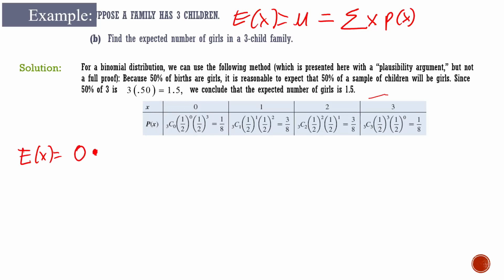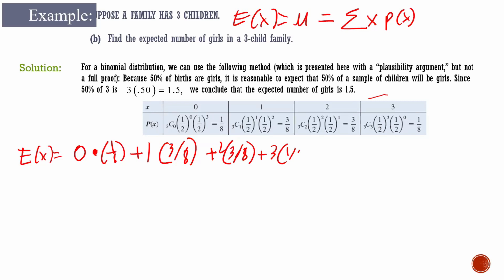What's the probability of having 0 girls? 1/8, plus 1 times the probability of having exactly 1 girl, plus 2 times the probability of having 2 girls, which is 3/8. Hopefully everyone understands how I'm calculating this. Plus 3 times the probability of having 3 girls.